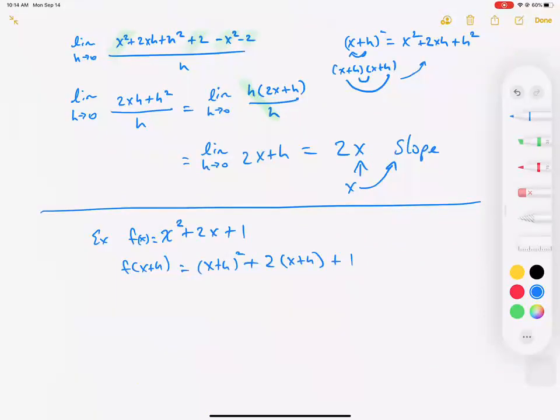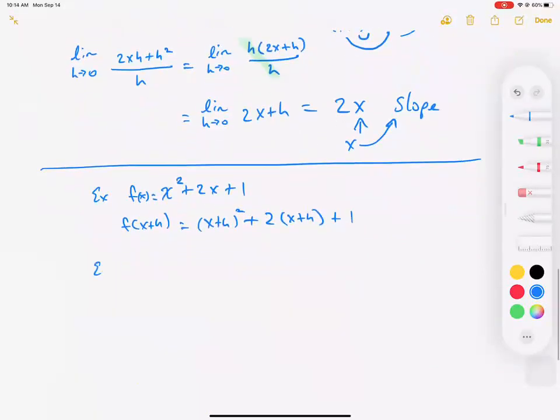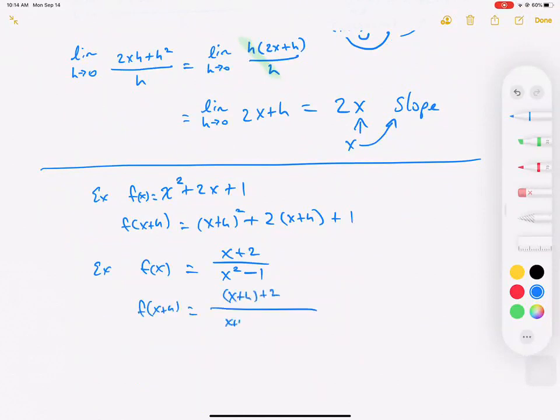If f of x was x plus 2 over x squared minus 1, our f of x plus h would be x plus h plus 2 over x plus h squared minus 1. Every time you see x, we swap it. And then we do the simplifying afterwards, after you swap it.